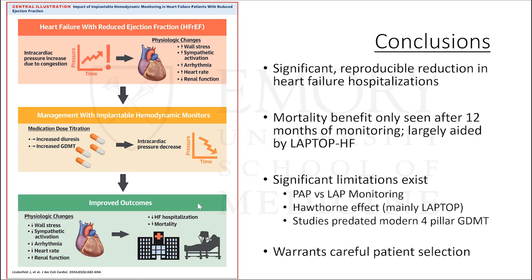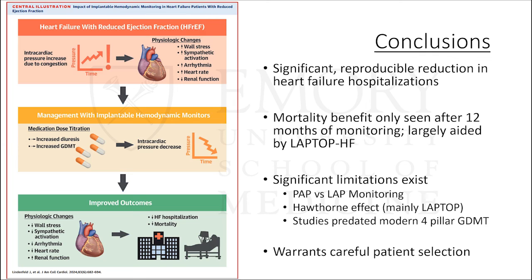Every 3-4 weeks they were in the hospital. We have not seen them since we implanted the device. Of course, this all comes down to patient selection as well. And the notion of lowering your diuretics when you need to, to preserve kidney function and prevent orthostatic hypotension, and so on and so forth, is important too.